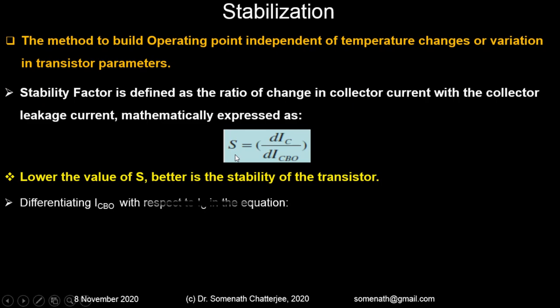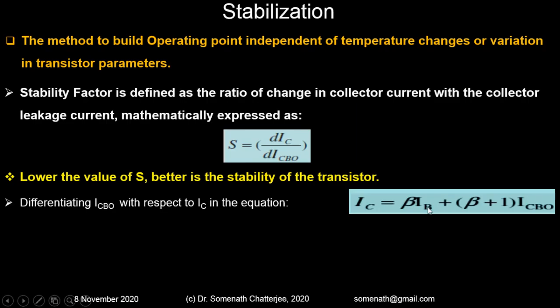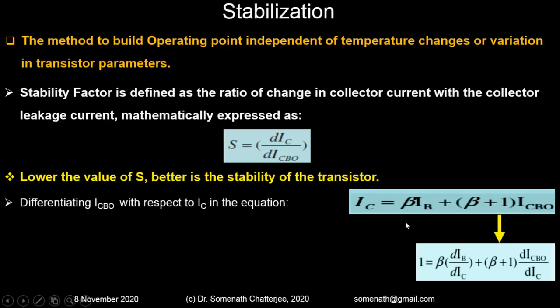Now we have to find the exact mathematical expression of how ICBO and IC are related. What are our basic equations? The basic equation is IC is equal to beta IB plus (beta plus 1) ICBO. Now if I differentiate this expression with respect to IC, the collector current, then we get this.